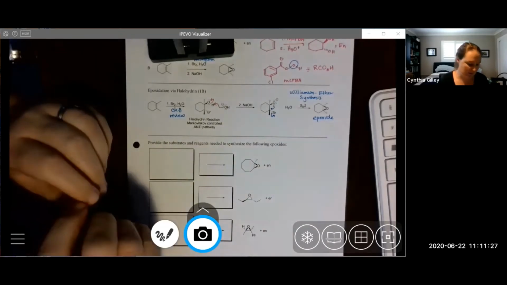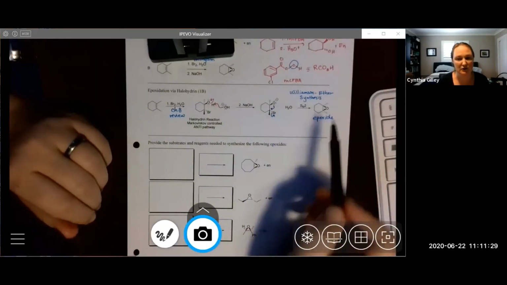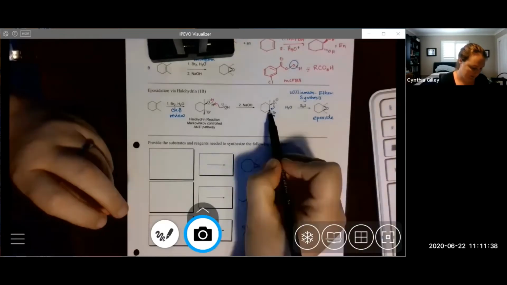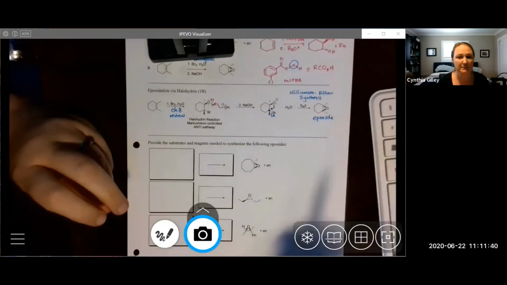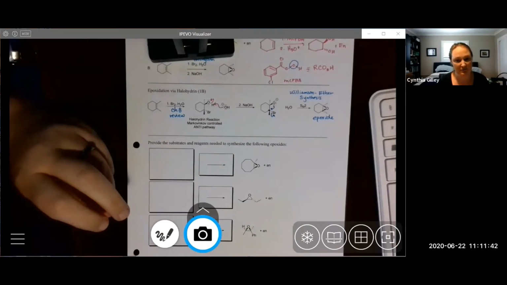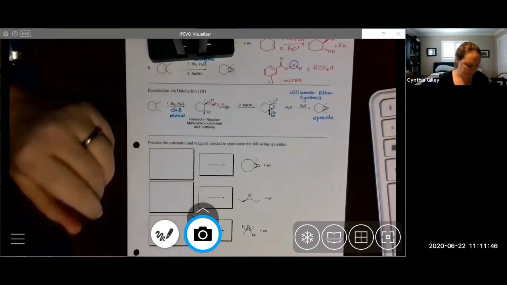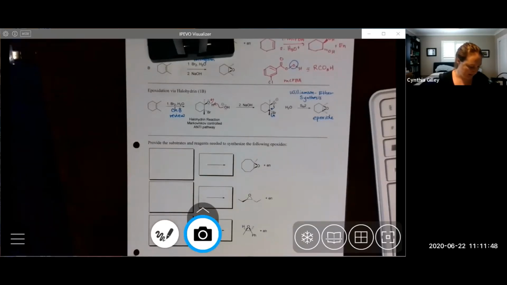But the stereochemistry is inversion. So we go ahead and draw it as if it's SN2, right? Because we know with SN2 we get inversion of the chiral center here. That's what we saw, right? So it's just drawn SN2, but it's probably somewhere in between. Okay, either way, we can get an epoxide.